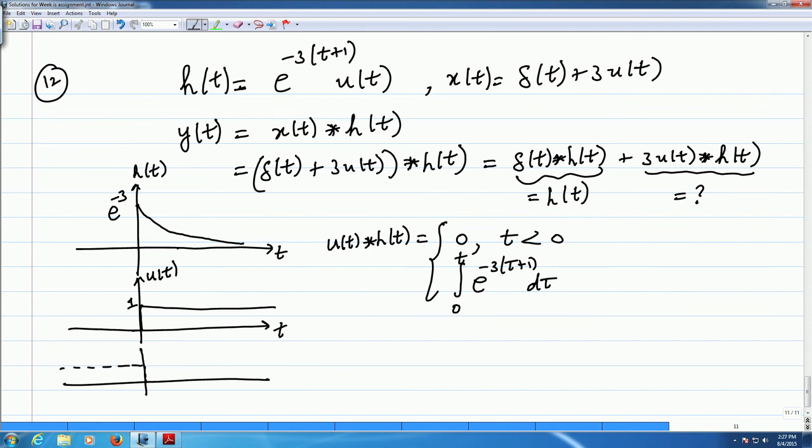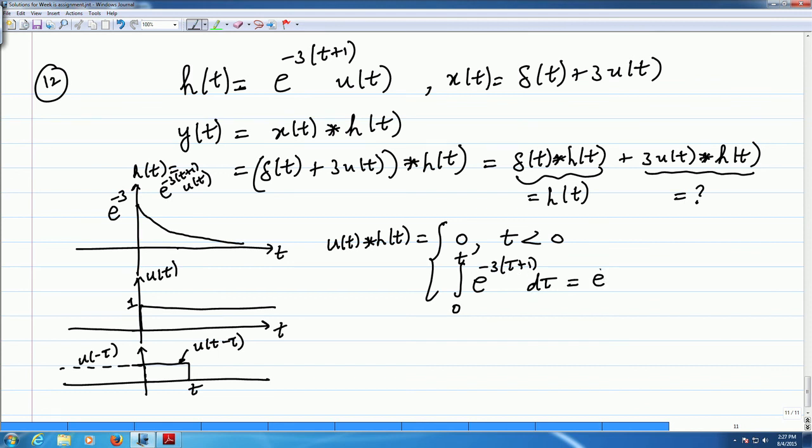Okay, and then this is u of minus tau, and then I shift right to t. Okay, so this guy is u of t minus tau, and so when I multiply, I simply have to integrate h of t, which is actually e power minus 3 t plus 1 u of t from 0 to t. Okay, so that's the answer I get.